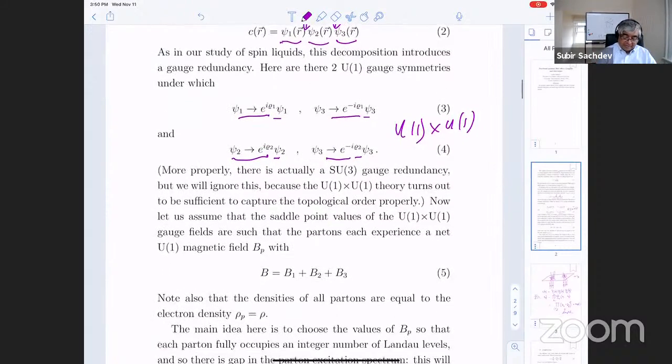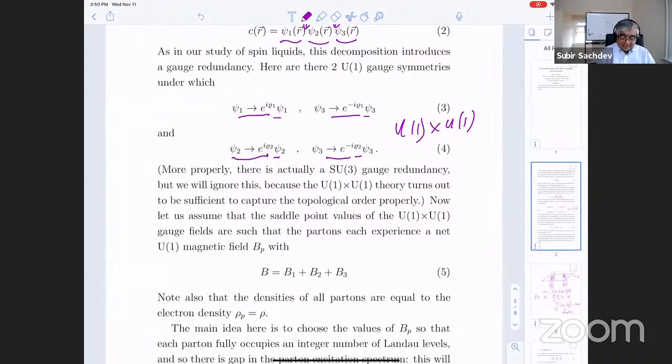So let's assume that there's some total magnetic field, BP, that each parton experiences. This BP involves both the external field and the internal field. So we have a constraint that the total field must be the sum of the internal fields on the three partons, because the internal fields always act equally and opposite on any pair of particles.